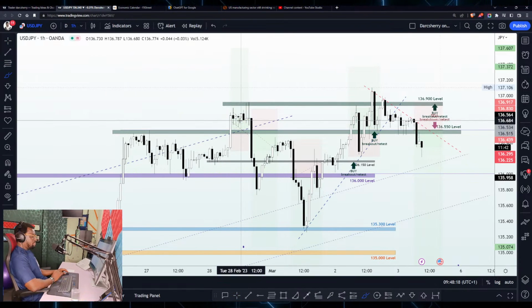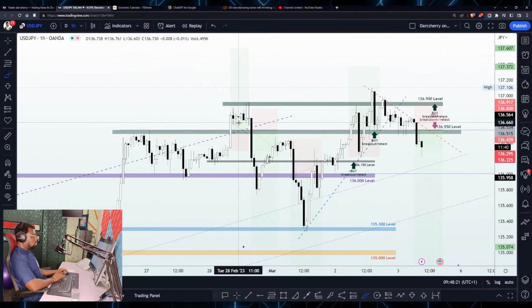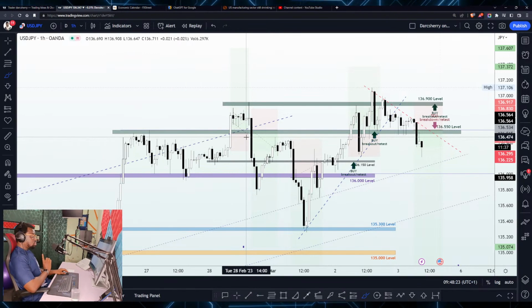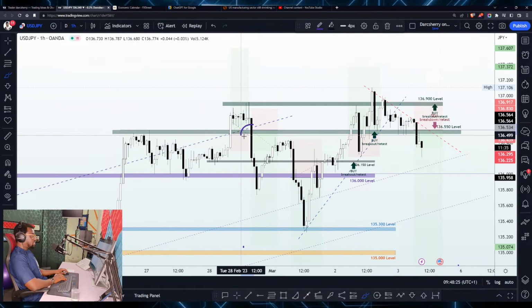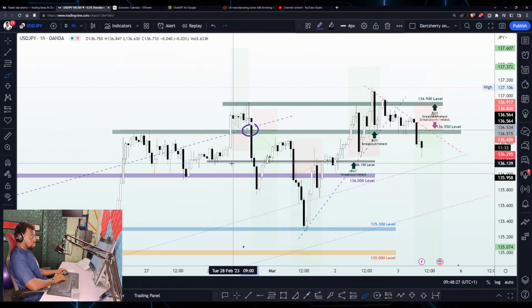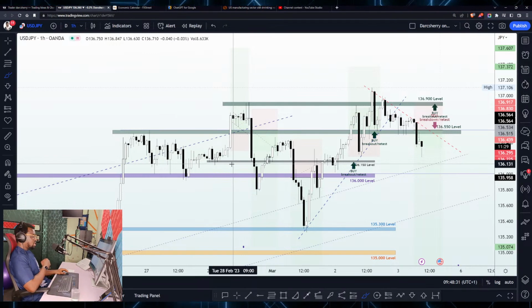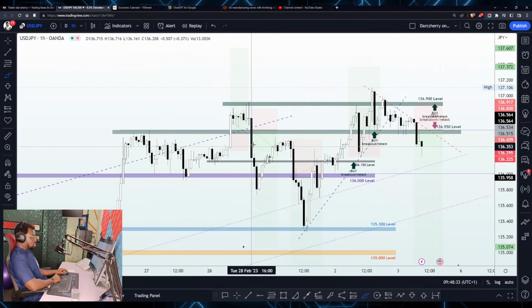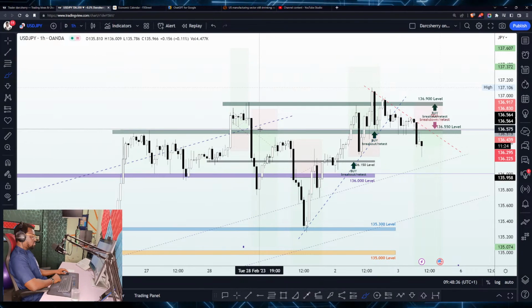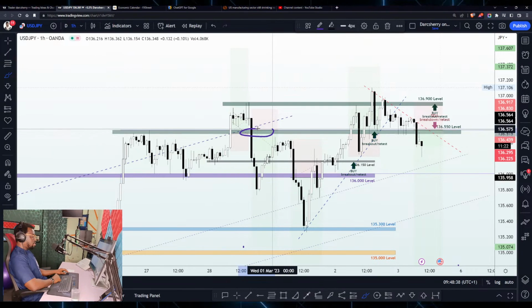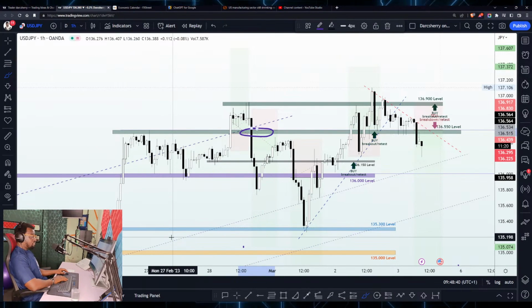And one thing I made mention of during this live session on Tuesday was that if it so happens that price action breaks this trend line here, which also shares a confluence with the 136.550 level, we shall definitely be selling the USDJPY. So in that regard, our sell stop order was triggered right below the 136.550 level.